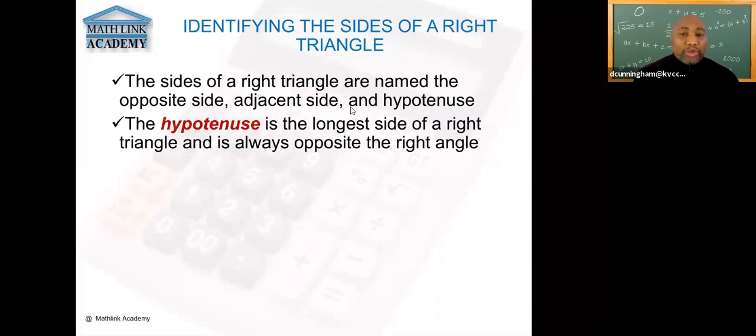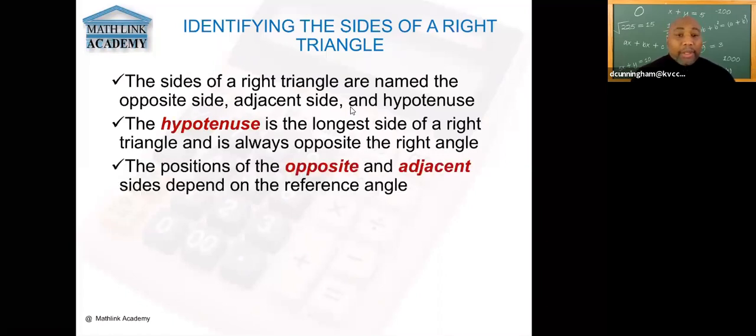Remember, a right triangle is a triangle that has 90 degrees, and the side that is opposite to the 90 degrees is the hypotenuse, and it's always the longest side of a right triangle. The position of the opposite and adjacent side depends upon the reference angle. So some side could be opposite to one angle, but adjacent to the other.